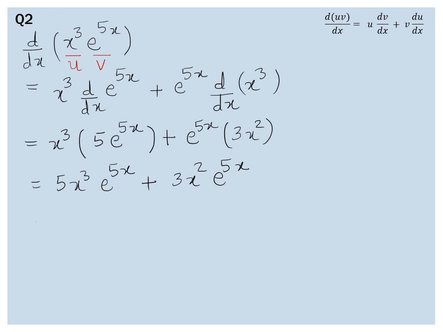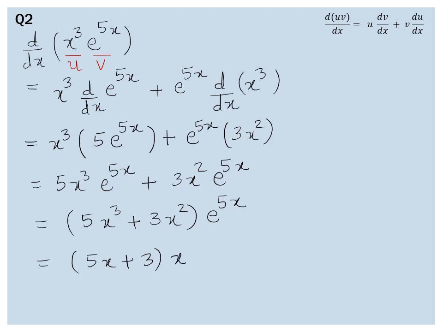Now this can be treated as the solution, or we can club this up as 5x cube plus 3x square, e to the power 5x, and further as 5x plus 3 into what we have taken common, x square, and e to the power 5x as it is. So this is the solution for the derivative of x cube into e to the power 5x.